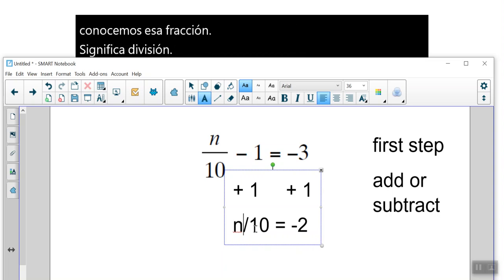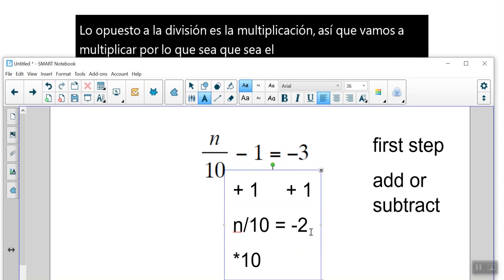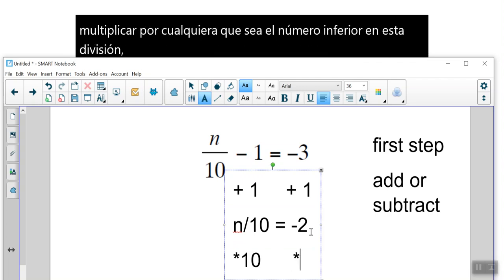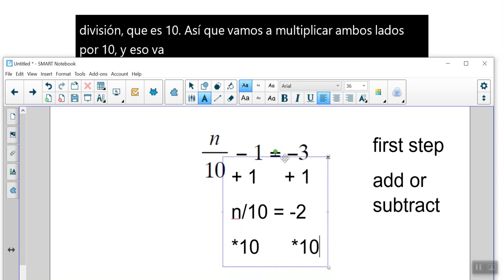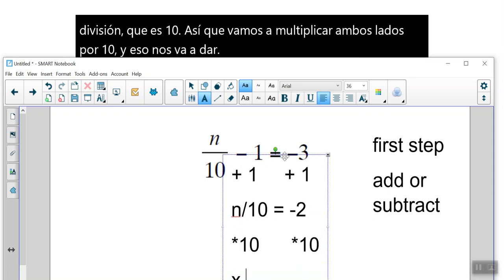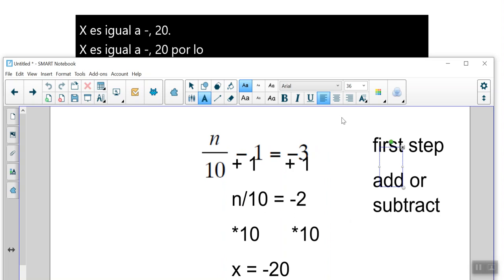So the opposite of division is multiplication. So we're going to multiply by whatever the bottom number is in this division, which is 10. So we're going to multiply both sides by 10, and that's going to give us n equals negative 20.